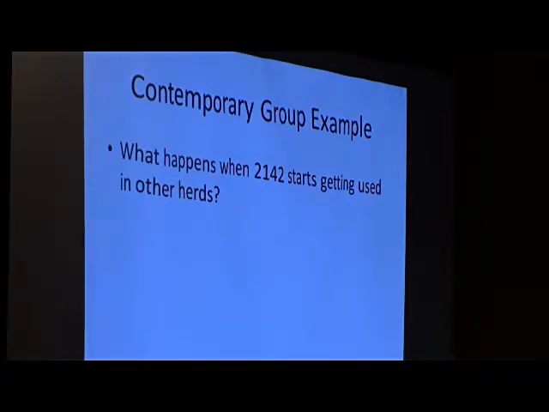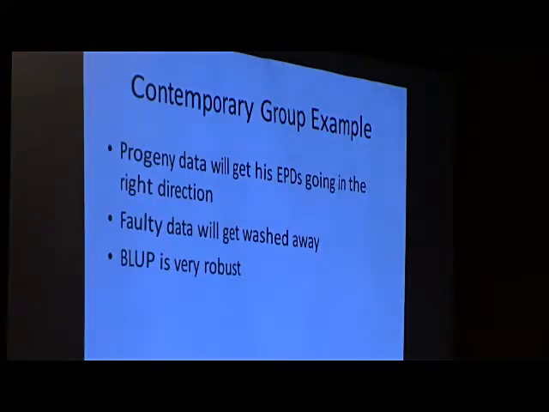Once he starts getting progeny data coming in, that bull might not necessarily go down. Like somebody said, he's going to go down. He might not. He might actually be a superior animal. However, that data is going to make his EPDs go in the right direction.